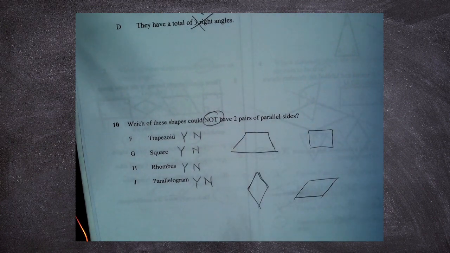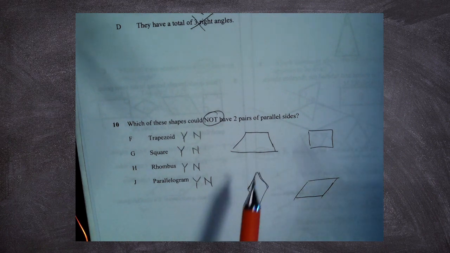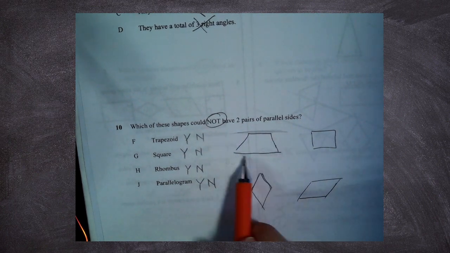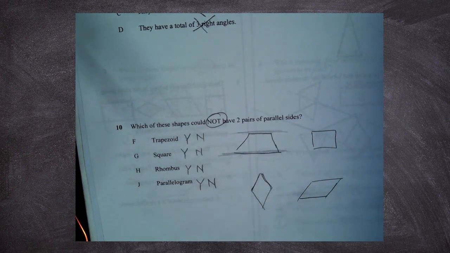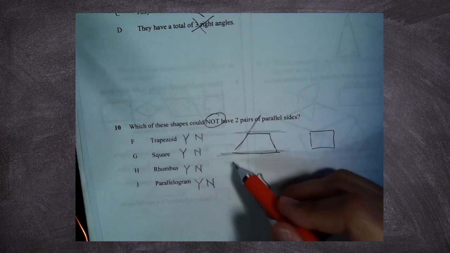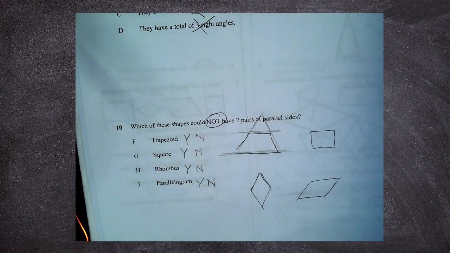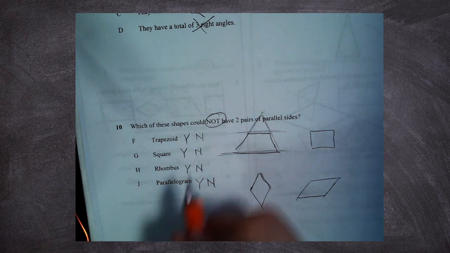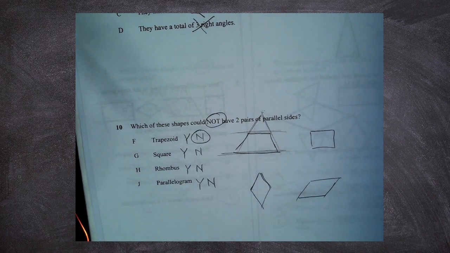Trapezoid can have one pair. Got the top and the bottom here. But if I check the left and the right side, I can see that they would run into each other up here. So, no, a trapezoid cannot have two pairs of parallel sides.